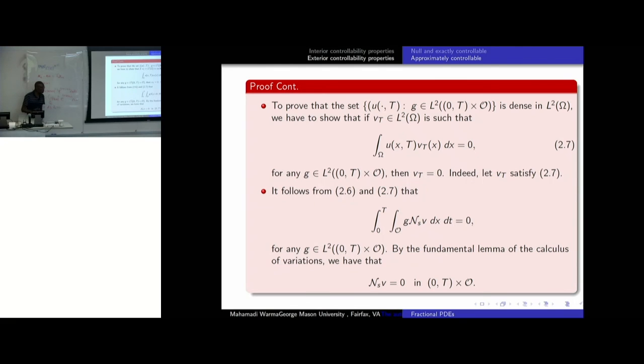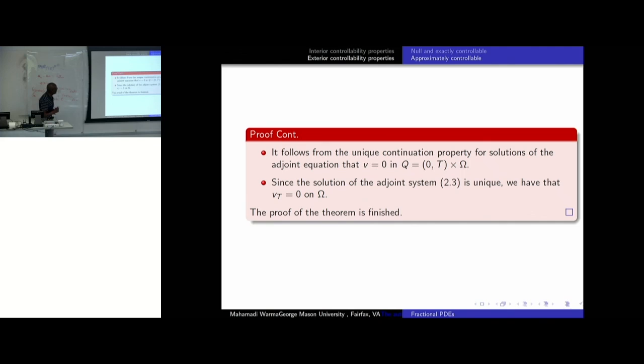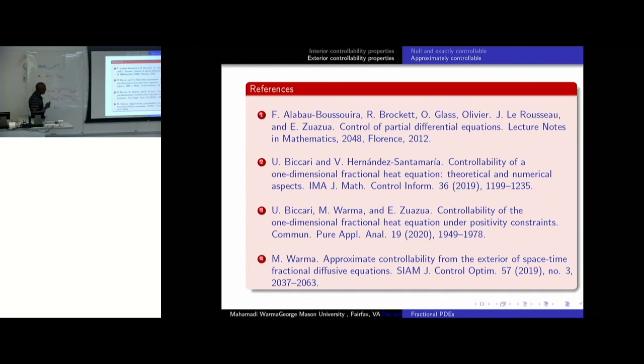Since the system is linear, the final datum is exactly equal to 0. Then we have approximate controllability. And that's what we conclude.